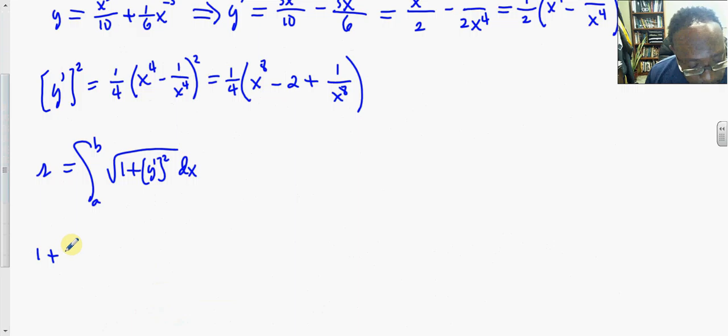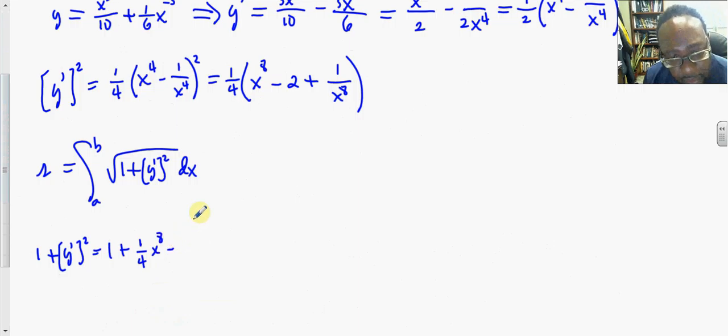So 1 plus y prime to be squared is 1 plus, I'm just going to run that 1/4 through. So 1 plus 1 over 4 x to the 8 minus 1/2 plus 1 over 4 times x to the 8.